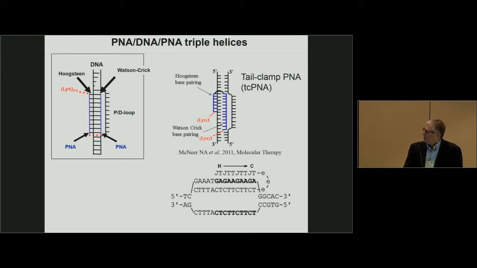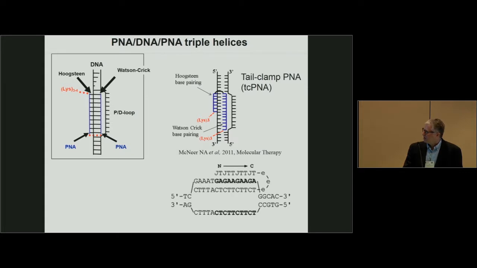Then, because the Hoogsteen bonding portion of the PNA is limited to the polypurine run, and typically in most genes you can't find more than 10 to 12 in a row, to achieve more specificity, we developed an approach to extend the Watson-Crick portion with a tail.